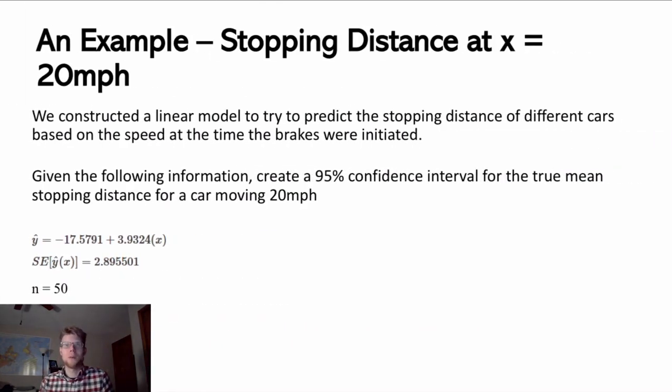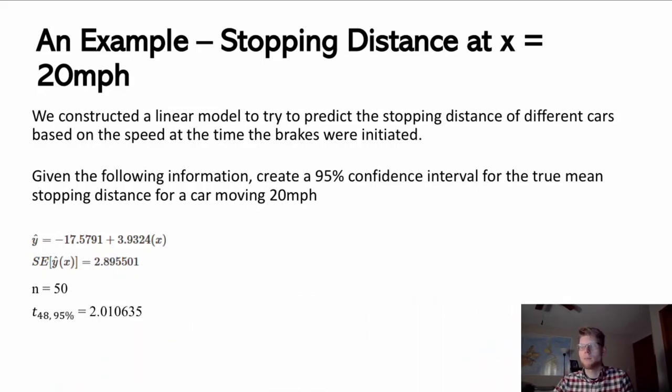As an example, let's again work with our stopping distance question, this time with the purpose of doing a confidence interval for the mean response when the speed of the car is 20 miles per hour. So we're trying to estimate the true mean stopping distance for a car moving 20 miles per hour when the brakes are initiated.